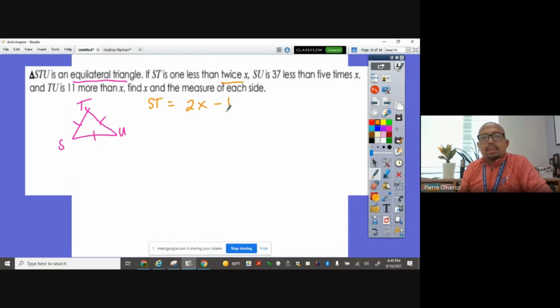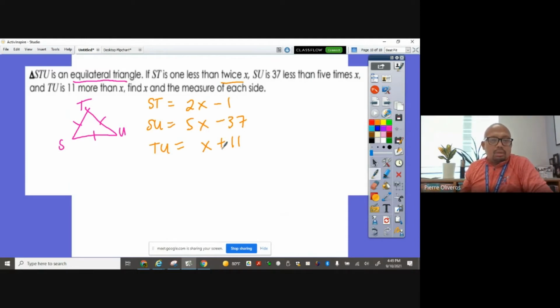SU is 37 less than 5 times x, so 5x minus 37. What about TU? TU is 11 more than x, so x plus 11. Find the measure of each side and find the x there.